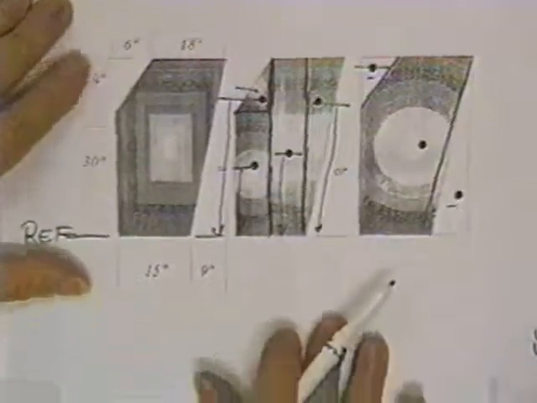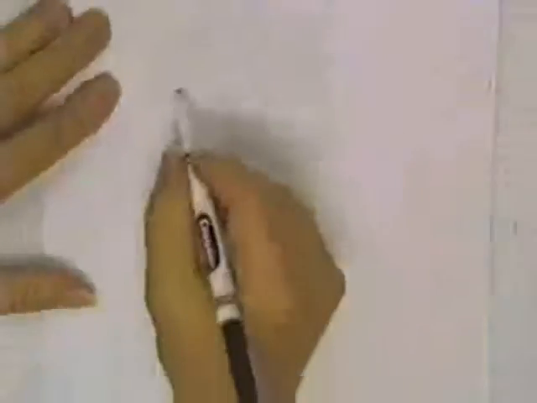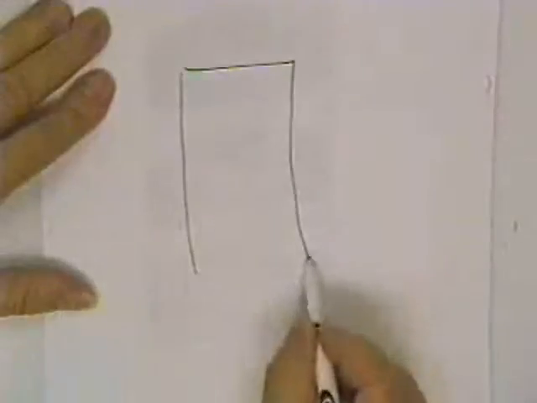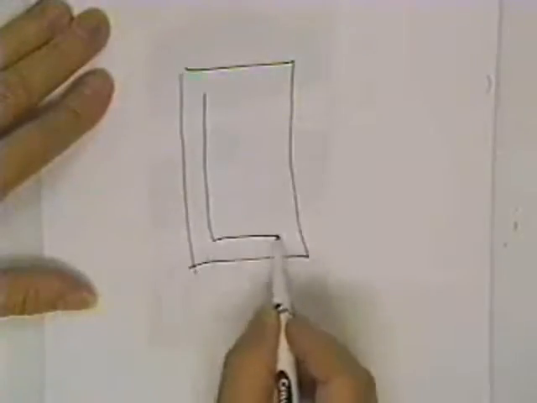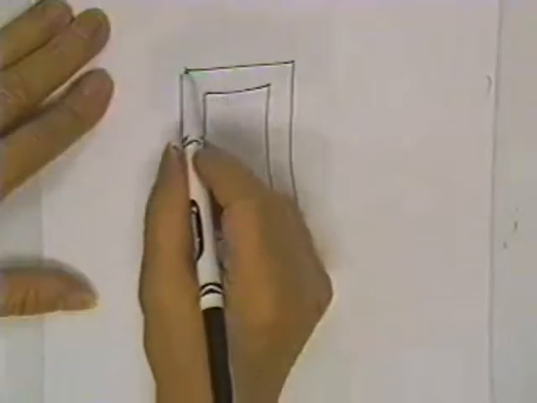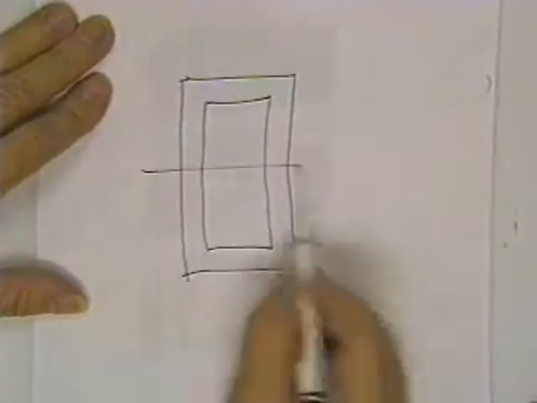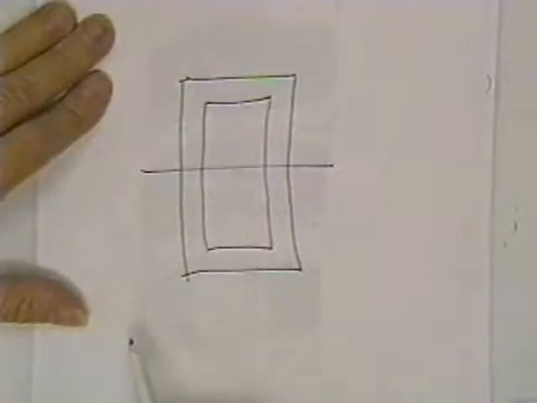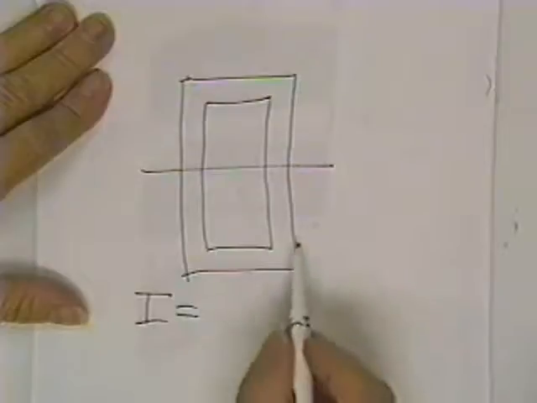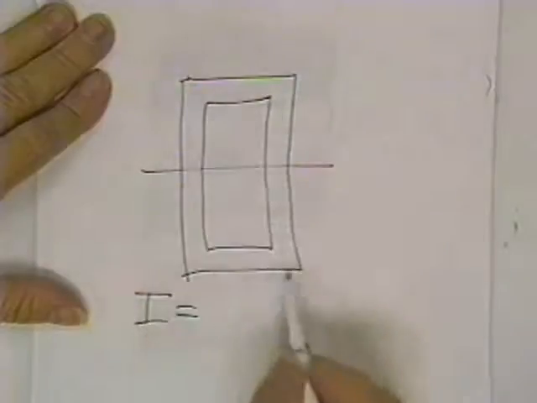Sometimes that's very handy. For example, if anybody asks you the moment of inertia of a box, don't break it up into all kinds of little pieces. Its centroid is dead in the middle due to symmetry, and its moment of inertia is equal to this square right here.